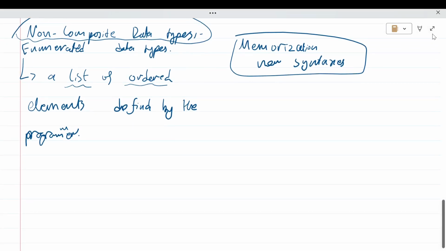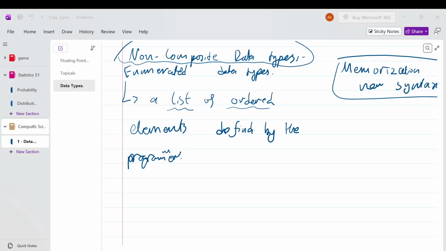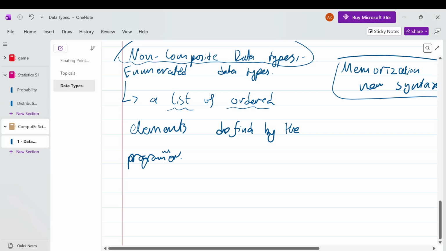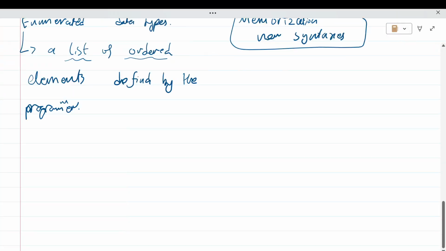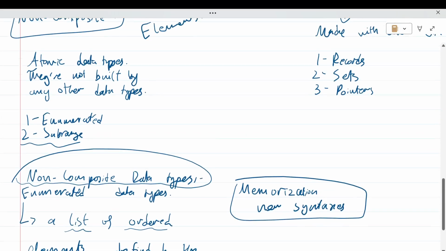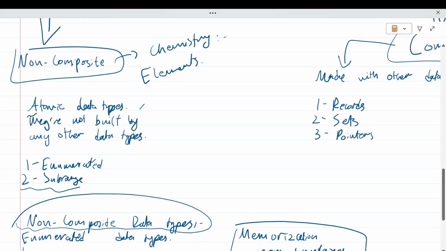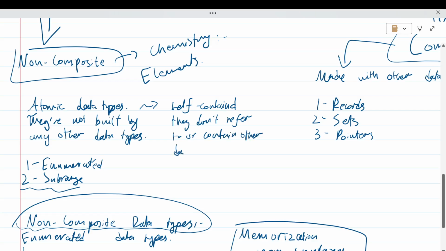So the syntax for it is, and now before I tell you the syntax, I think there are a few more things. Other words that you can use in the definition are self-contained. These are self-contained data types, non-composite data types, and they don't refer to or contain other data types.